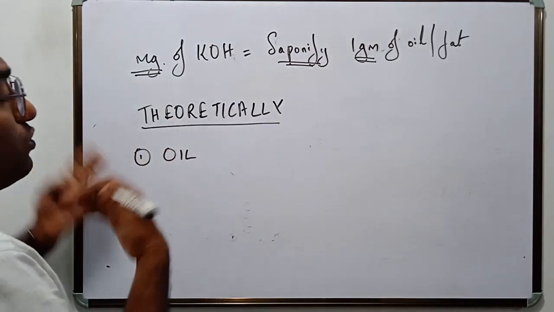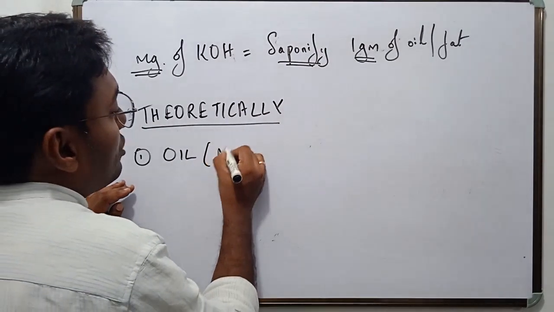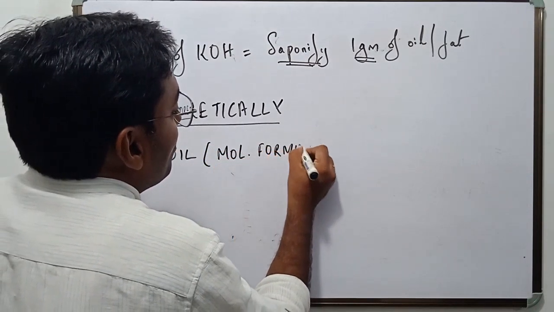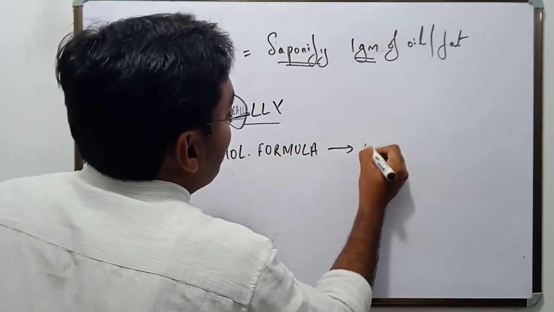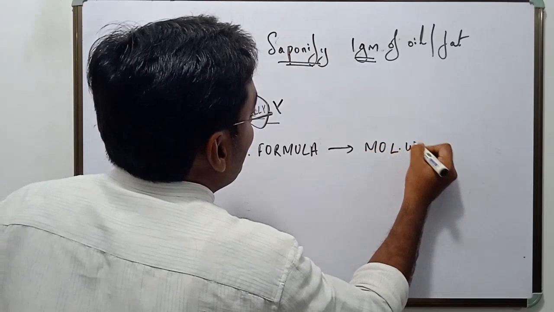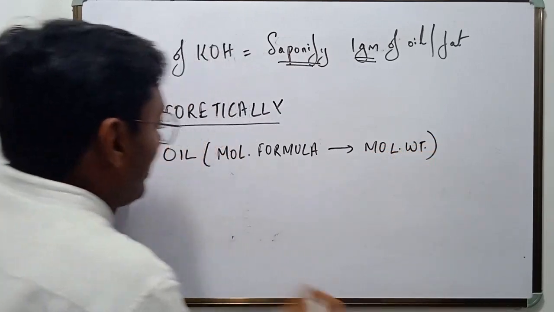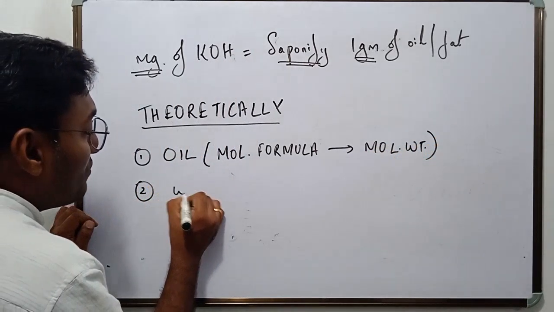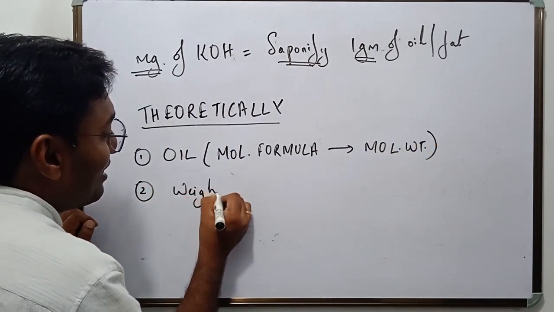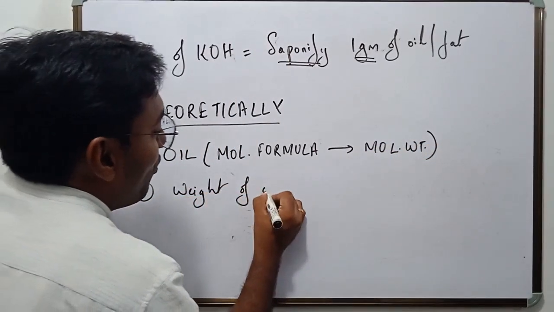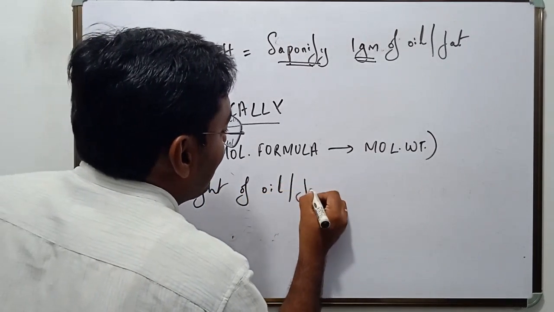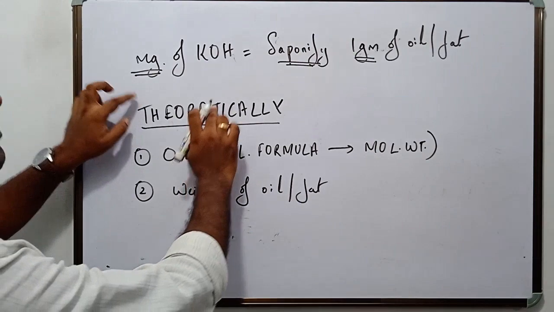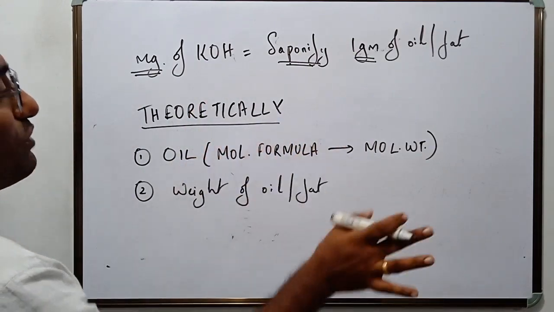What I mean is, you need to know the molecular formula of the oil so that you can calculate the molecular weight. And number two, you need to know how much weight of oil or fat you have taken. These two things, if you know, you can determine saponification number theoretically.